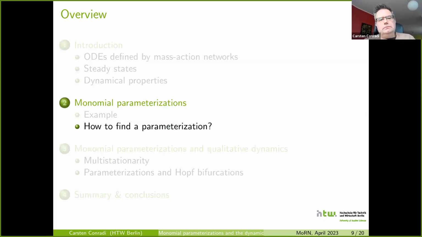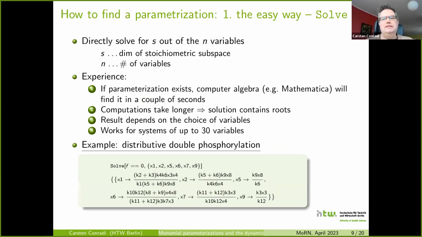And now I'd like to comment a little bit on how to find this parameterization. In practice, what I usually do is I just use Mathematica to simply solve the steady state equations. The way I proceed is I compute the rank of the stoichiometric matrix, and if this is s, then I basically solve the steady state equations for s out of the n variables.